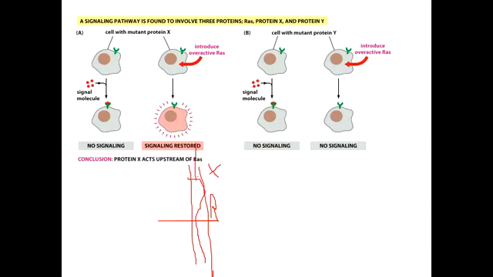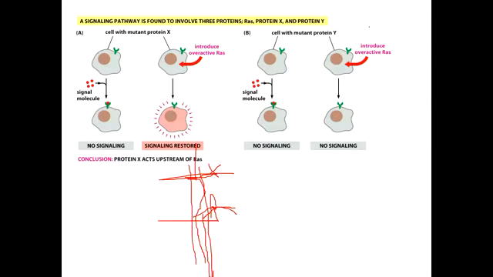X is mutated, and the water stops right here. No more water flow goes and the river dries up. But now if I add overactive RAS here, in other words, I dump a bunch of water in here, water flow is restored. So you know that X is upstream of RAS because putting in a bunch of RAS fixed the problem. It's downstream in the pathway and carried the signal forward.